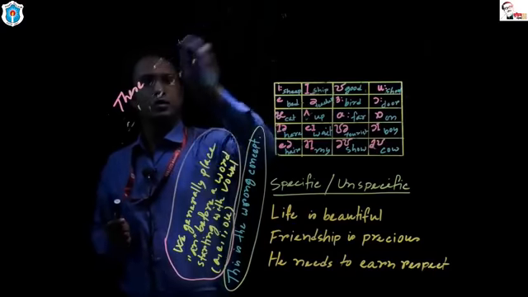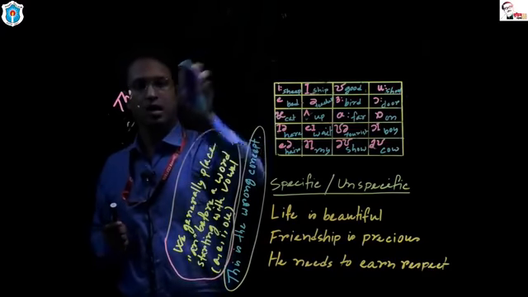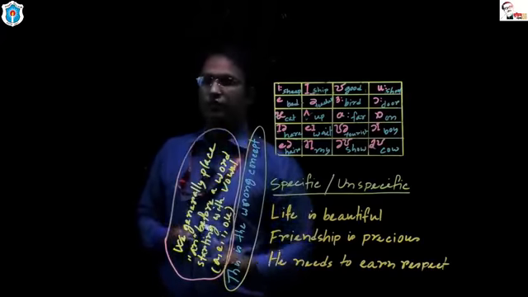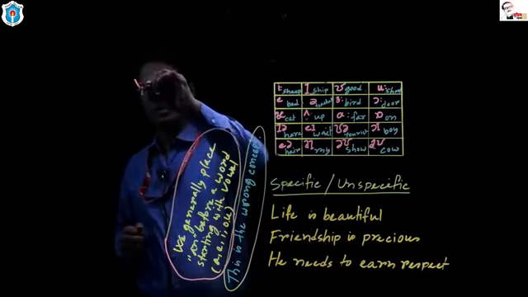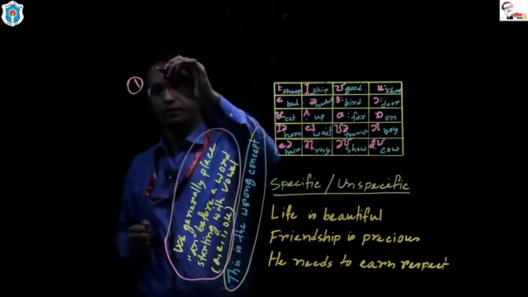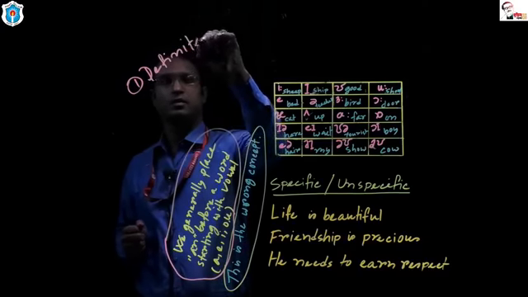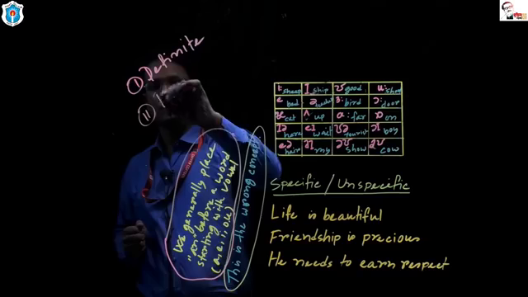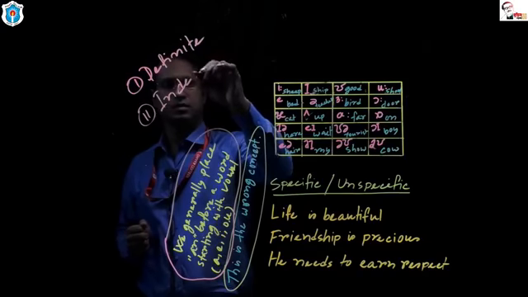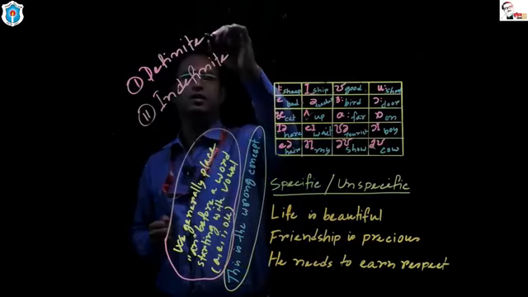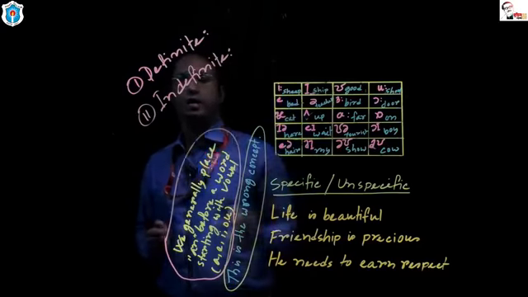My dear students, now let's learn the classification of article. There are two types of articles. Number one, definite. Number two, indefinite. Definite articles and indefinite articles.